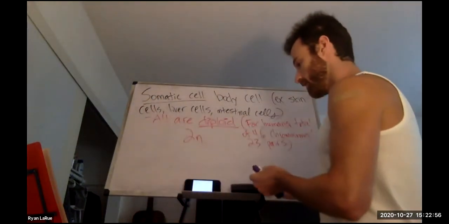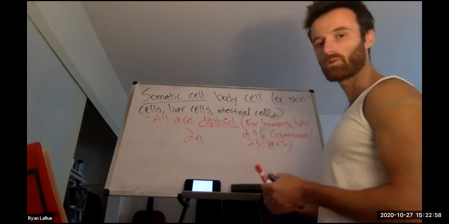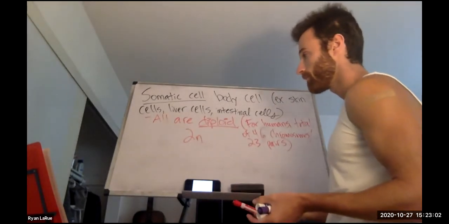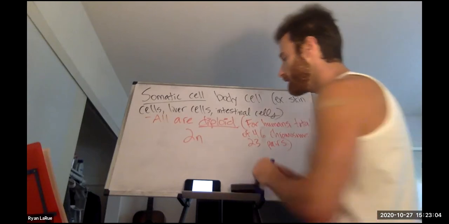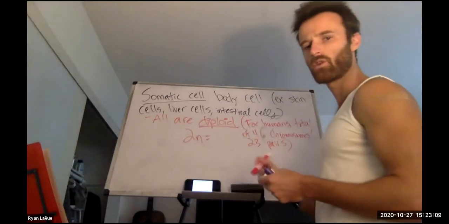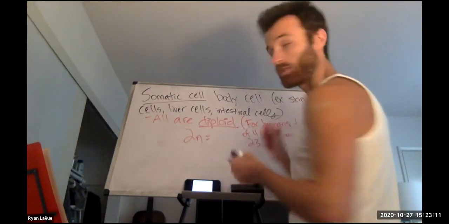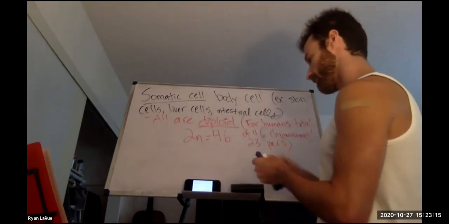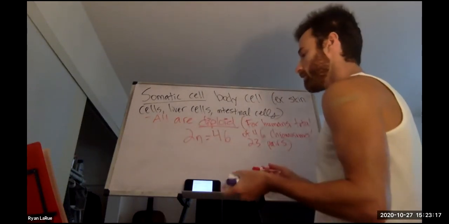We say 2N. And so if you see 2N, you know we're talking diploid. Then we say 2N equals, and we write the total chromosome number. So for humans, that's 46, right? We call this the diploid number.